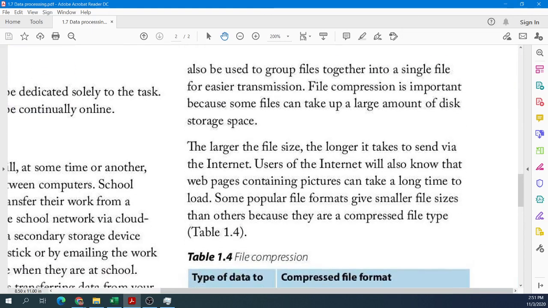They can also be used to group files together into a single file for easier transmission. File compression is important because some files can take up a large amount of disk storage space. The larger the file size, the longer it takes to send via the internet. Users of the internet will also know that web pages containing pictures can take a long time to load. Some popular file formats use smaller file sizes than others because they are compressed file types.